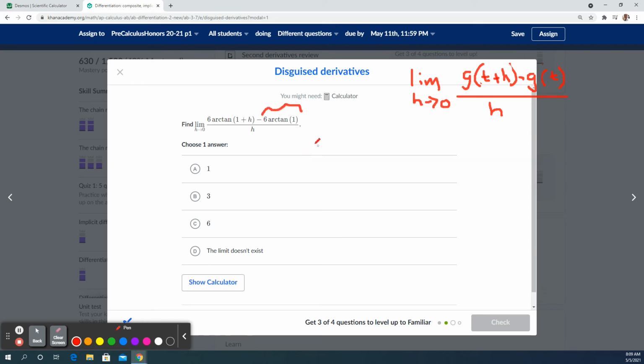And so that means our g function, or our g sub x, is going to be equal to 6 arctan of x, where x is equal to 1. We just want to confirm there's our t of 1, and everything looks like it's good.